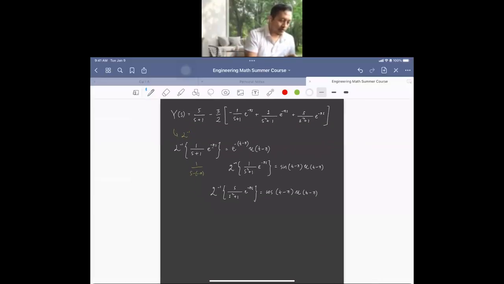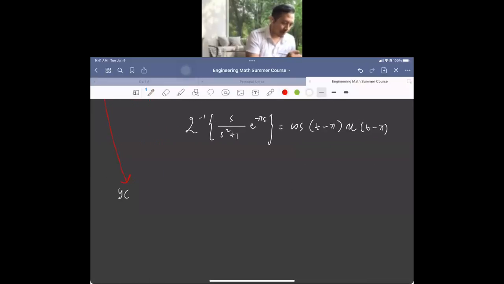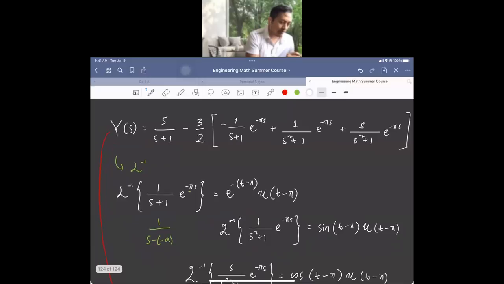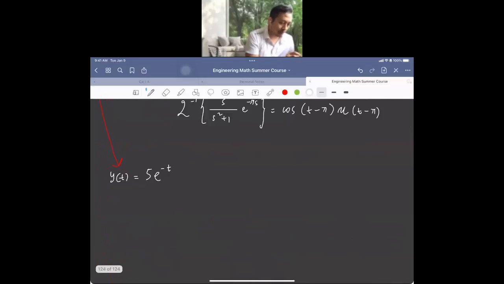Okay, so the inverse of this whole thing, let me go through here. The solution is 5e to the power of negative t, directly from 5 over s plus 1.